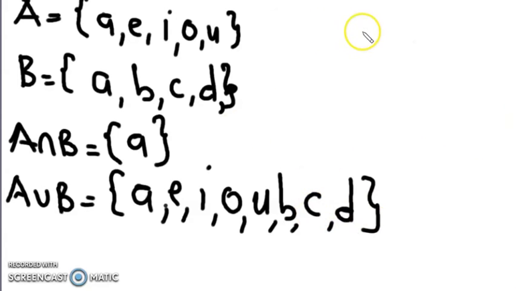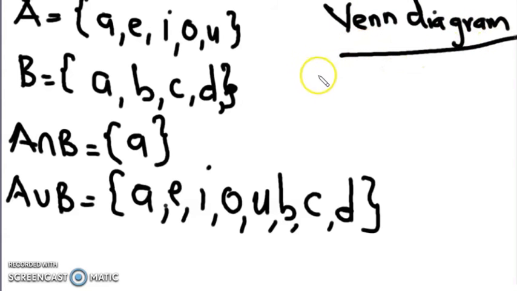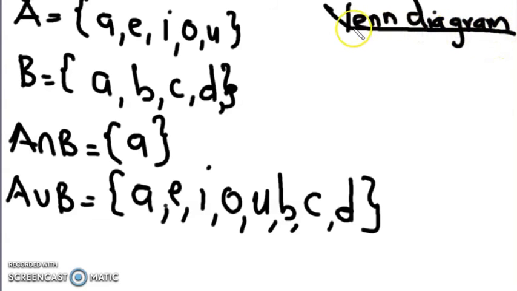The next thing we are going to do is to represent this on a Venn diagram. All that we have written here, we are representing it on a Venn diagram. What is a Venn diagram? A Venn diagram is a graphical representation of sets.